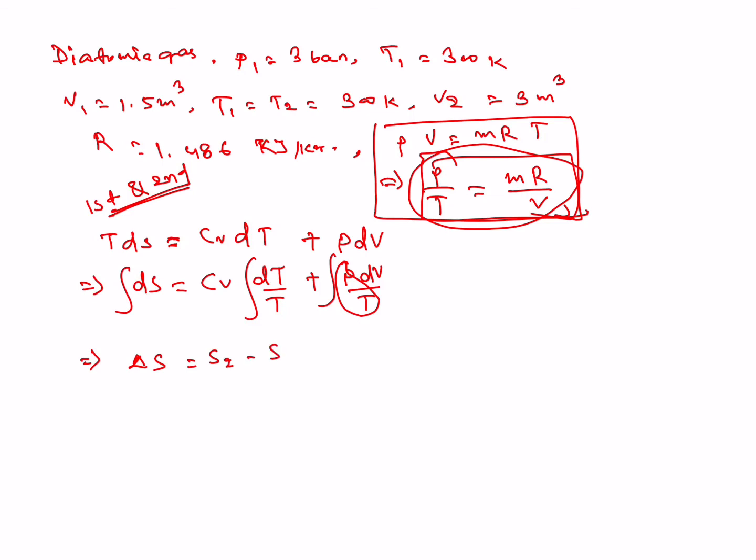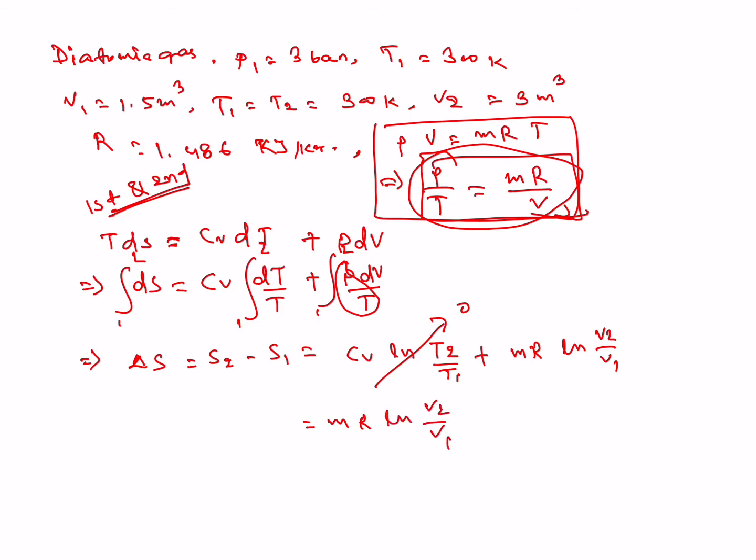Change in entropy, S2 minus S1, is equal to Cv ln T, limits 1 to 2, T2 by T1, plus mR dV by V, so ln V2 by V1. This is an isothermal process, so the first term will become 0, leaving mR ln V2 by V1.